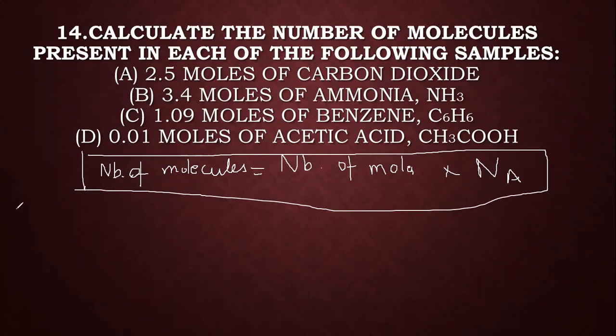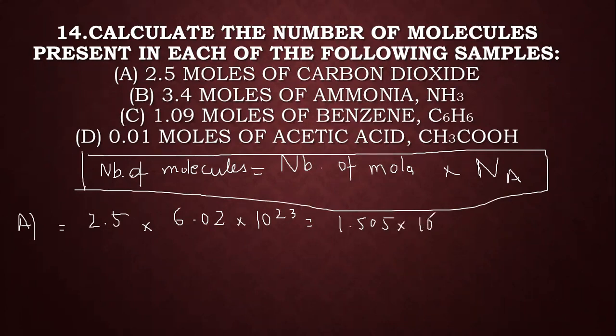In case of A part, number of moles is how many? 2.5, multiplied by the value of Avogadro number, 6.02 into 10 raised to power 23. Now this must be equal to 1.505 multiplied by 10 to the power 24 molecules.